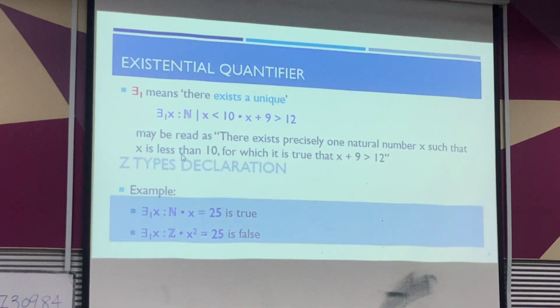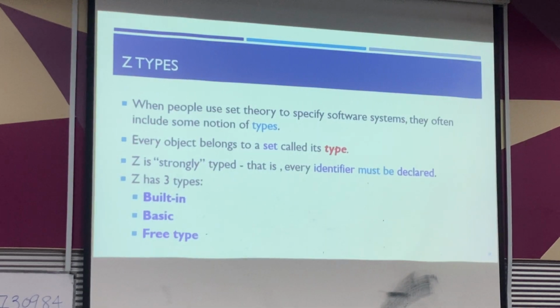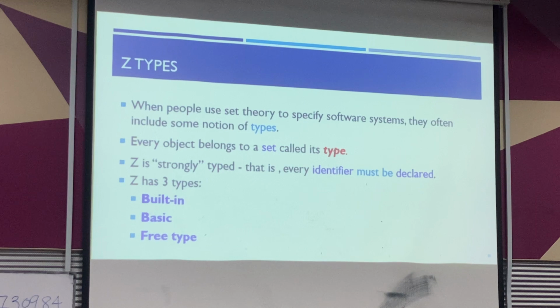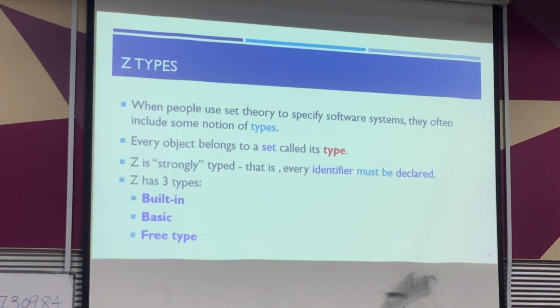Now, how to declare your variable? Every Z schema, when you want to declare a variable, there is a type, the same as when you write programming, whether it is integer, double, or string. Those are the types. The same case for Z schema, we are going to use types also.